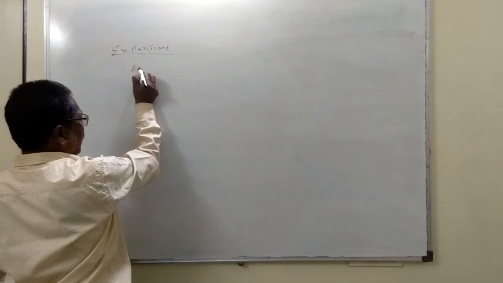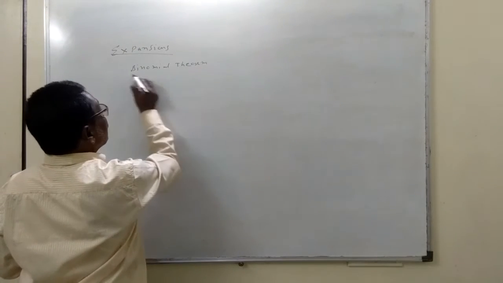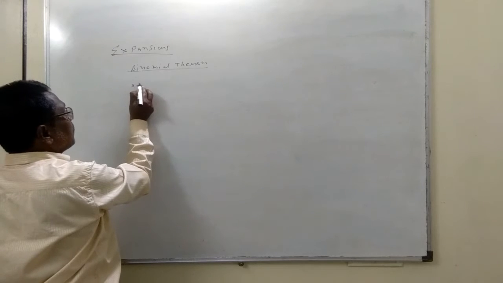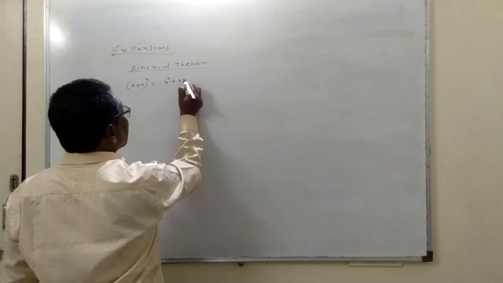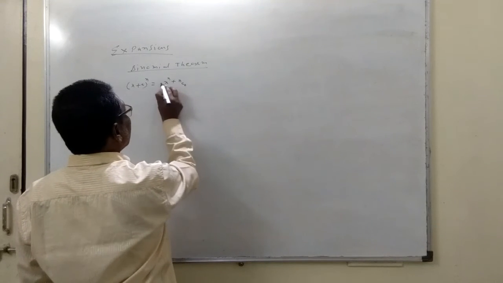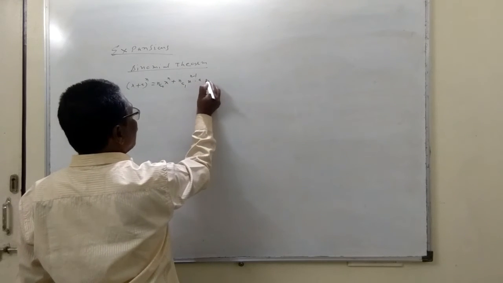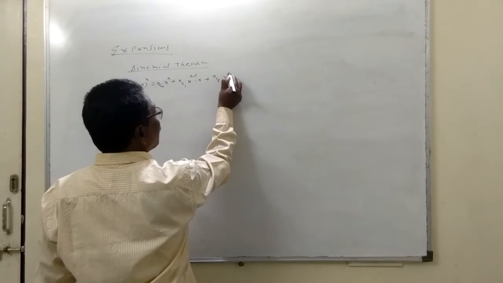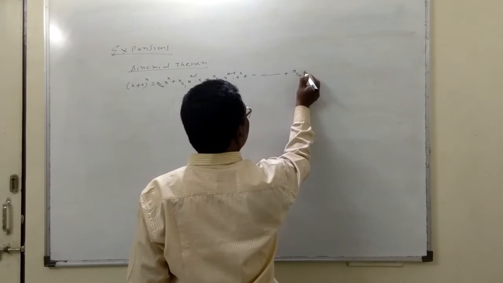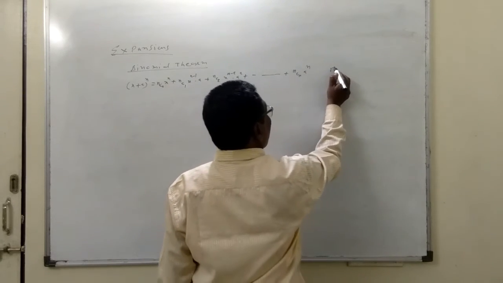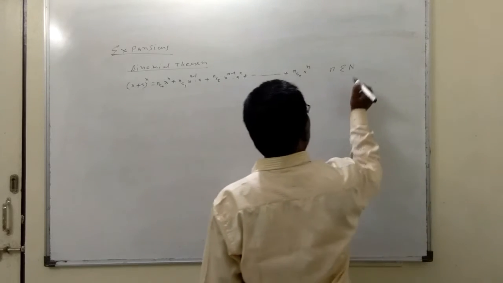For expansion, the binomial theorem: x plus a raised to n is equal to nC0 x raised to n plus nC1 x raised to n minus 1 into a plus nC2 x raised to n minus 2 a square and so on, the last term nCn a raised to n. This formula is applicable for n belongs to natural numbers.